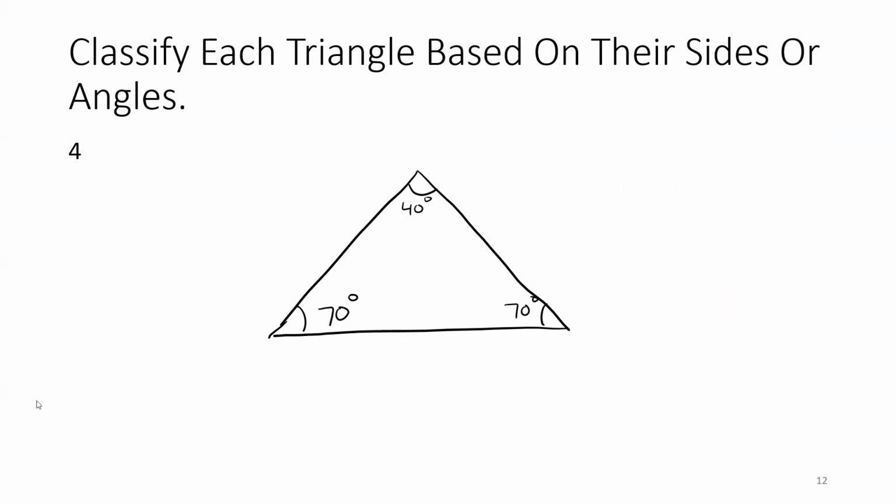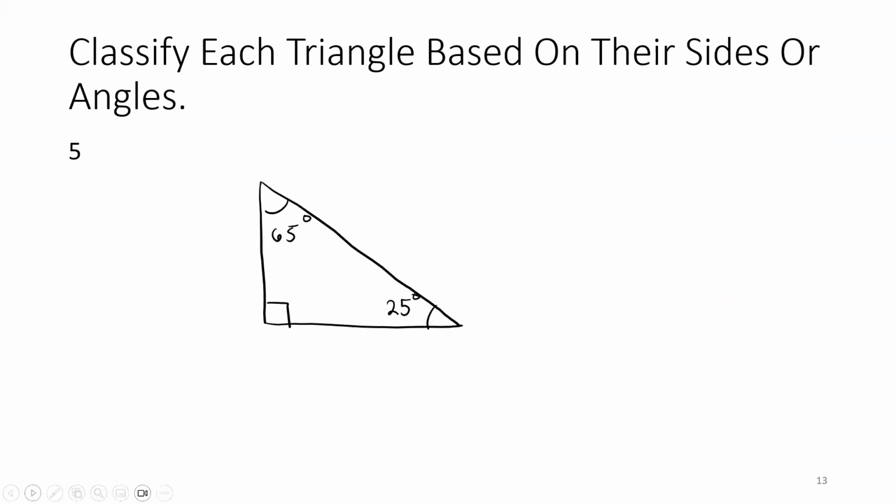Okay, let's move on to the next one. Number 5, classify each triangle based on their sides or angles. Here we have a box and a 65 degrees and a 25 degrees. So what would you consider this triangle?